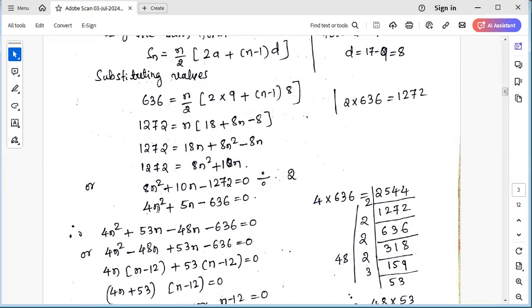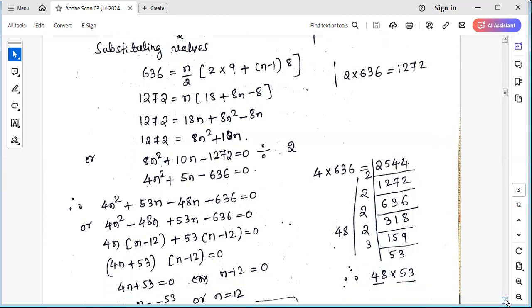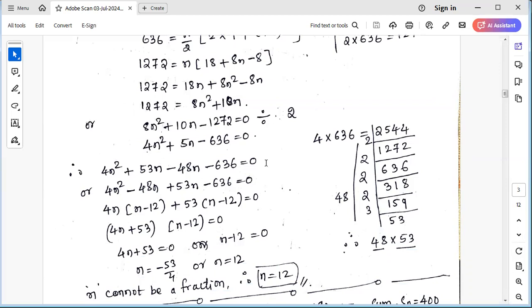So that gives 4n square, because 8 by 2 is 4, plus 10 by 2 is 5n, minus 1272 divided by 2 is 636. So now what happened? I got the quadratic equation. This equation we have to solve.